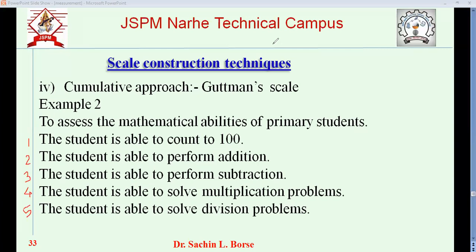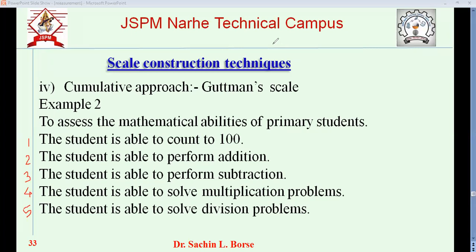So here it is not necessary, but we assume. Once he knows division, he knows multiplication, subtraction, addition, and 1 to 100.